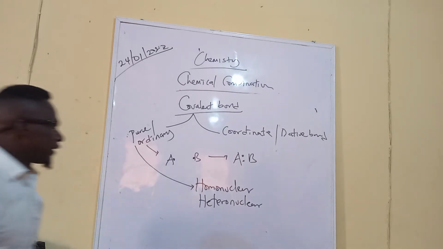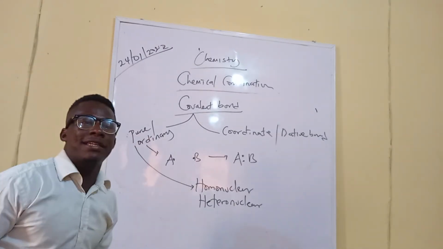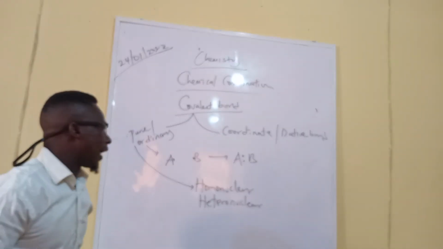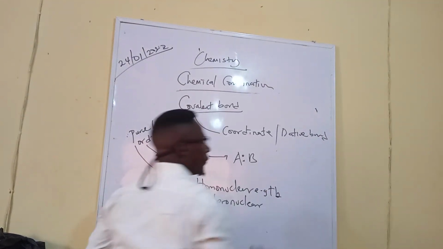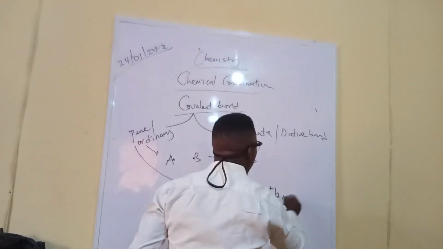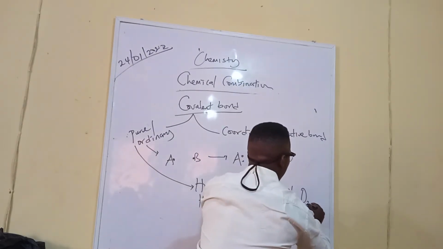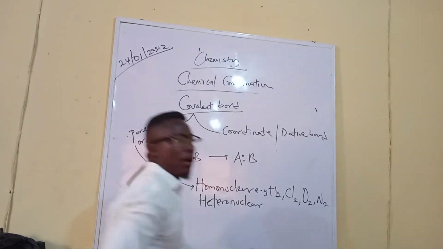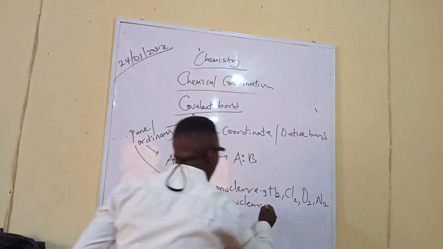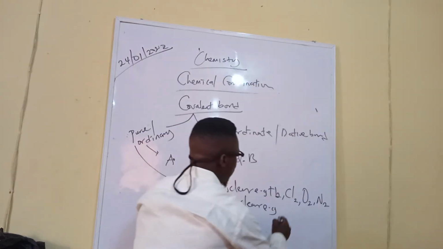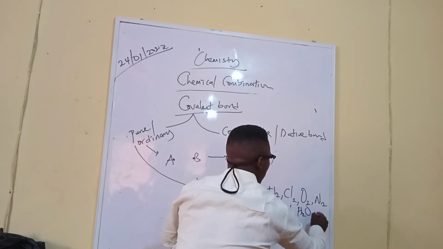Now, in homonuclear bonding, you have atoms of the same element bonded together. An example is when you have hydrogen atoms bonded together, chlorine atoms bonded together, oxygen atoms bonded together, then nitrogen atoms bonding together. Now, examples of heteronuclear are HCl, H2O, NH3.